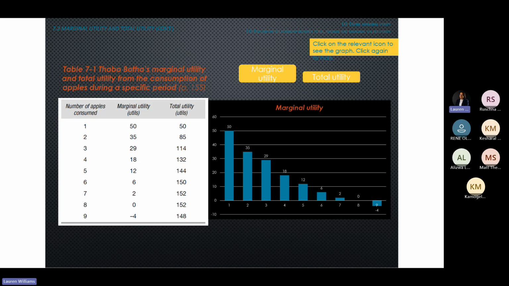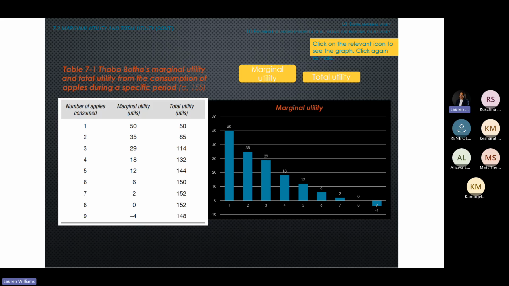Okay. So in this case, that first apple that you consume gives you a level of satisfaction of 50. So you can see the marginal amount, or the marginal utility, as well as our total utility, is exactly the same for the first apple.